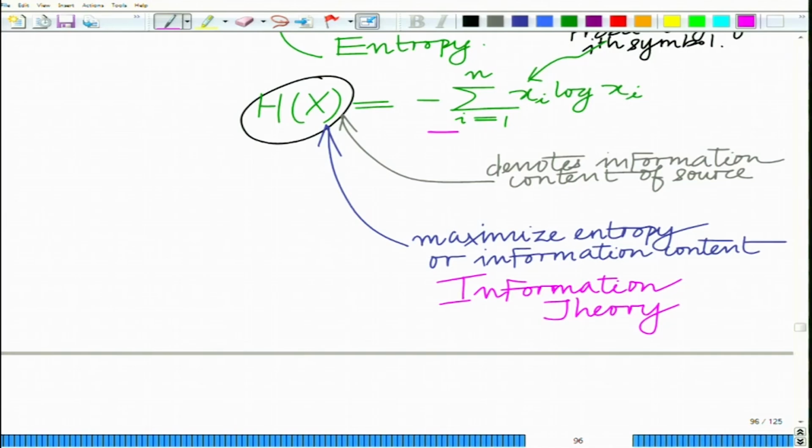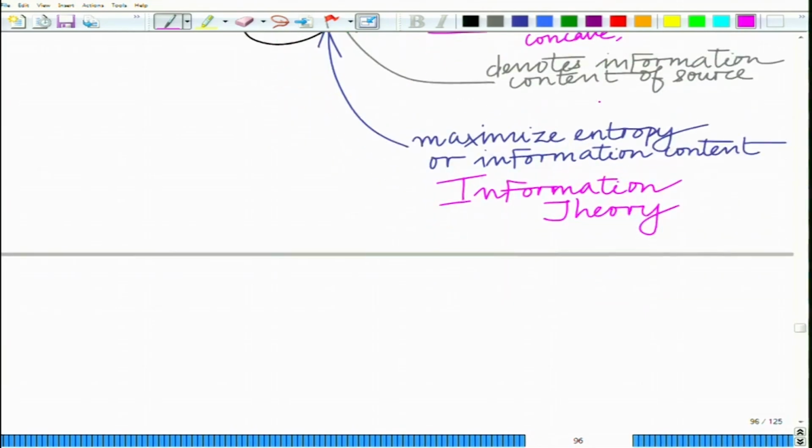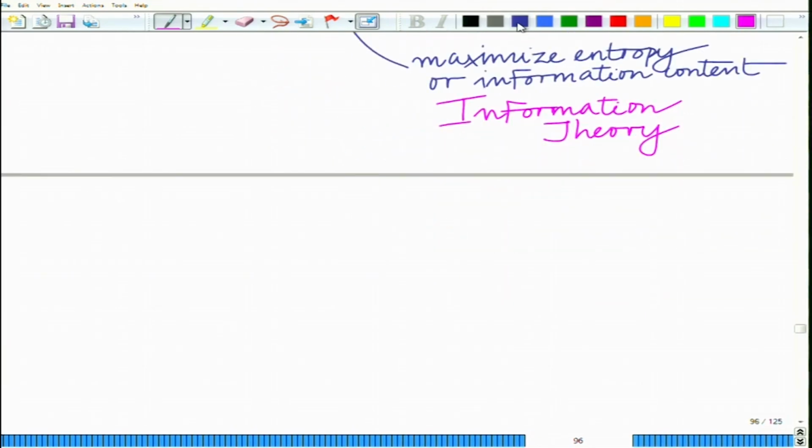Now, what we want to show is that this quantity entropy is a concave quantity, and that is relatively easy to show. We start by considering f of x equals x log x, that is the natural logarithm, and we demonstrate that this is convex. You take the first derivative, which is very simple.